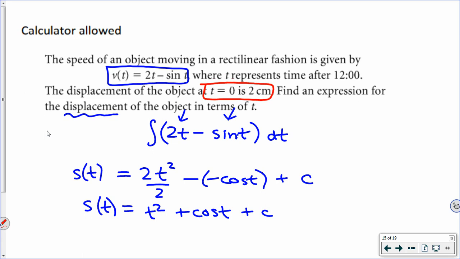That means I can plug in 0 for t and set it at that time equal to 2. So we have at time 0, the displacement equaling 2. So we use that like an xy pair, or in this case, a t, s of t pair, and see if we can solve for c.